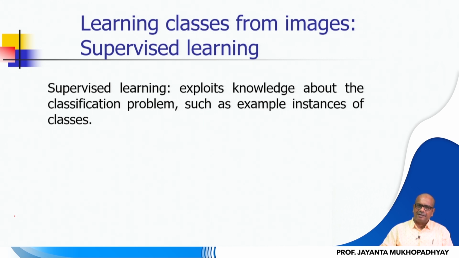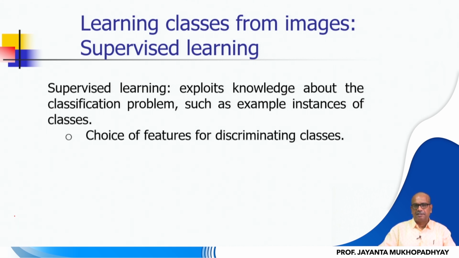That is the learning part. Then, for any unknown object whose class assignment is not known, this model should be able to determine its class. So it exploits knowledge about the classification problem, such as example instances of classes. It is supervised learning because somebody is acting like a supervisor to tell us that for these examples, these are the classes. This information is provided by a supervisor.